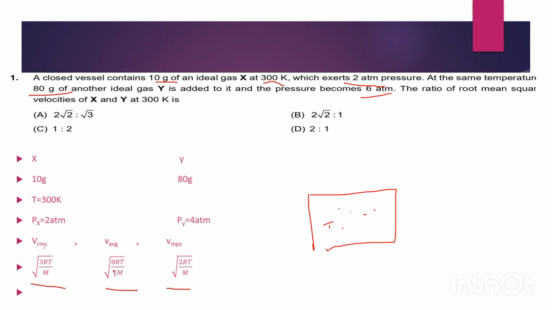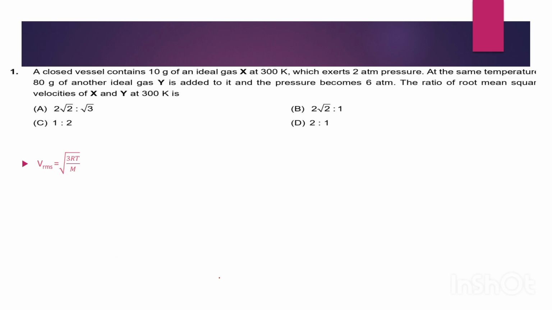So the formula of RMS is root over 3RT by M, average is root over 8RT by piM, and most probable is root over 2RT by M. We can memorize it in the form of RAM RAM. RMS is always greater than average and most probable, and the only difference is from root 2 to root 3.